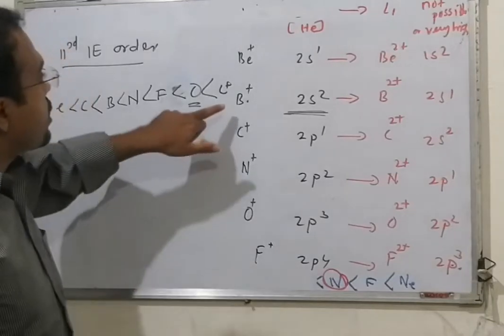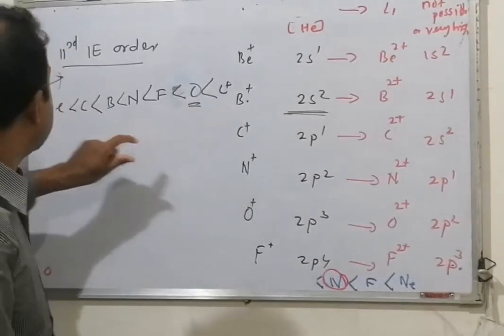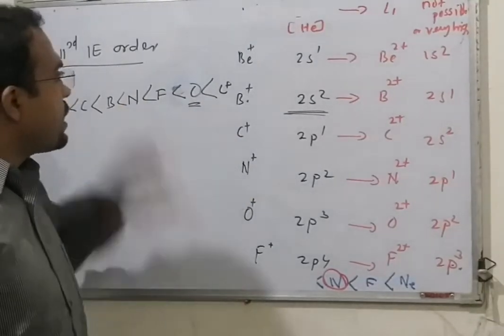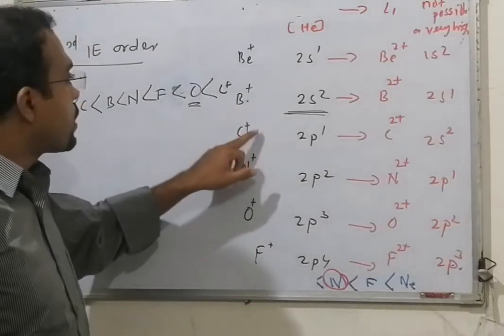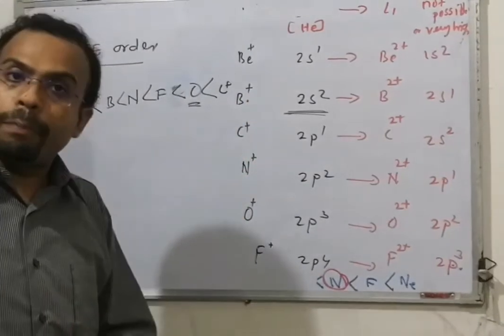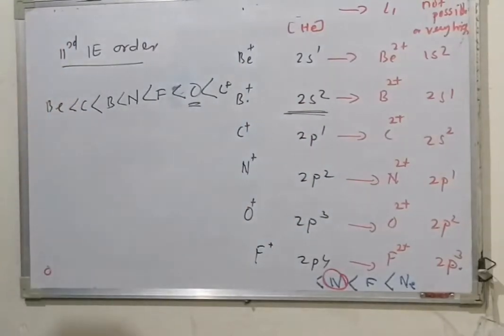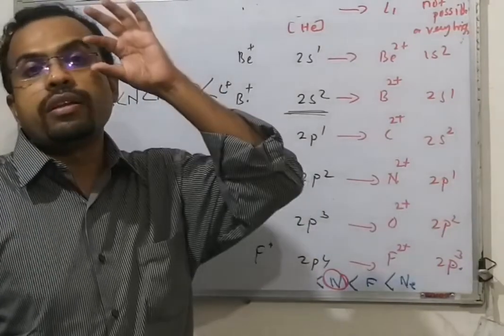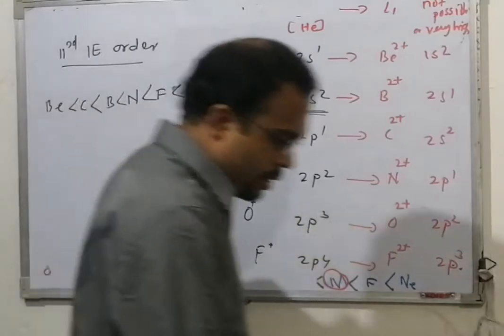Why is the second ionization energy of boron greater than carbon? Reason: in the second ionization energy, you have to take the configuration of boron plus and carbon plus. When you compare that, boron has a fulfilled configuration. Why does lithium have the highest? It is because lithium has noble gas configuration.